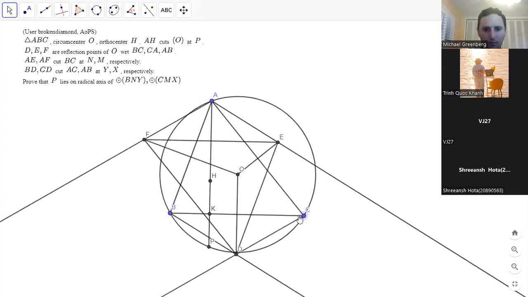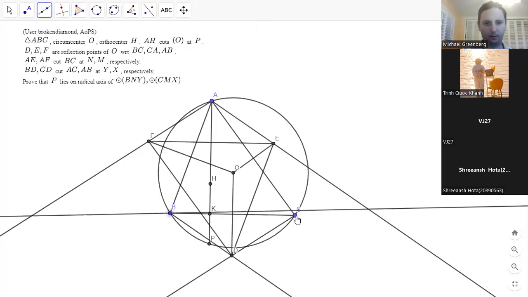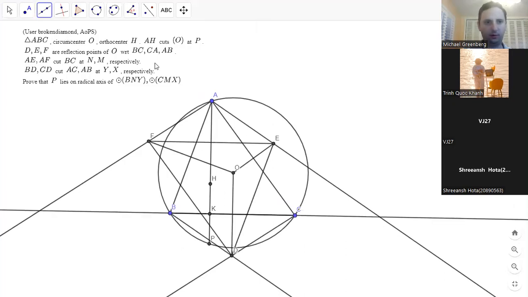Oh, they are congruent. Okay. And let's turn these into rays. So AC and AB.